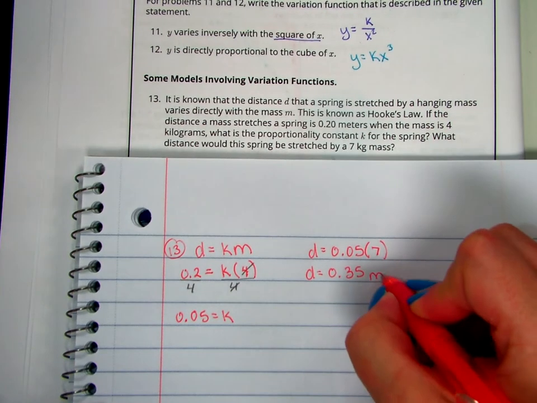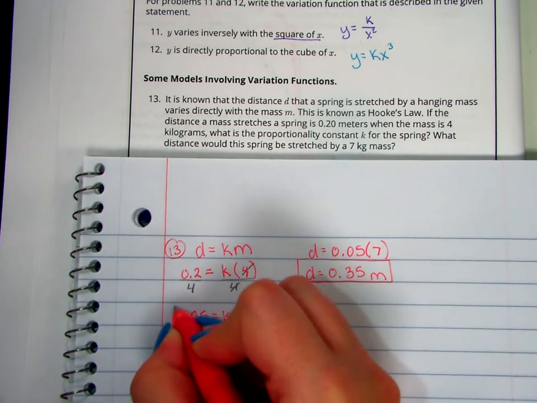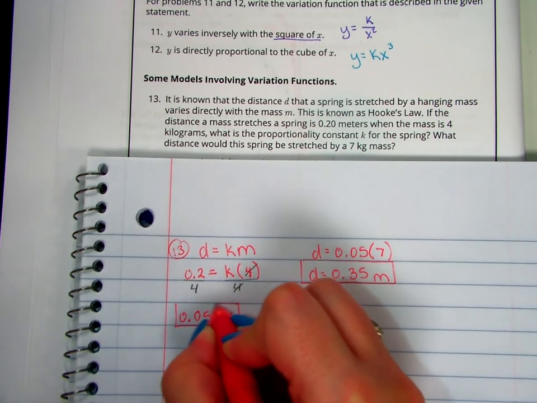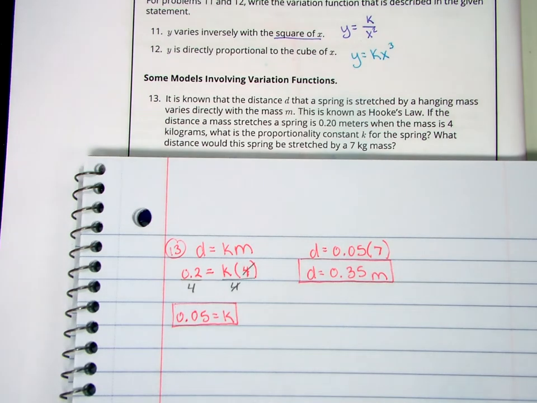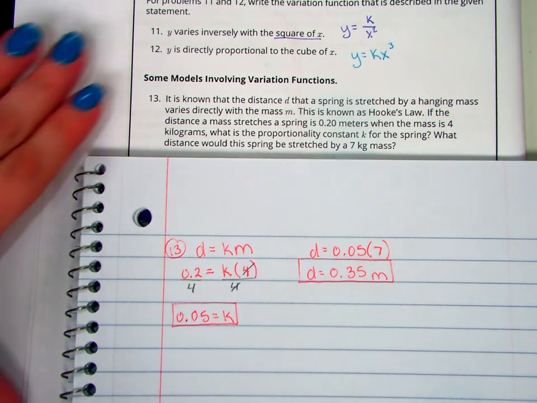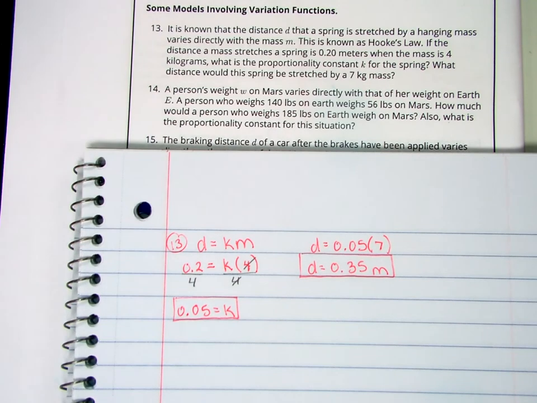So my distance is 0.35. And my units here are meters. So that's my distance. That's my constant of proportionality. 0.35 meters. So a little more than a third of a meter. A little more than 33 centimeters.